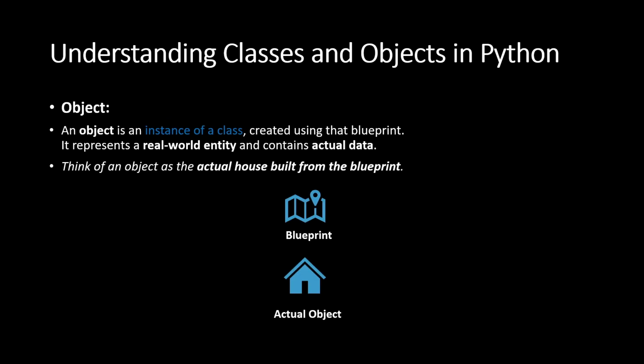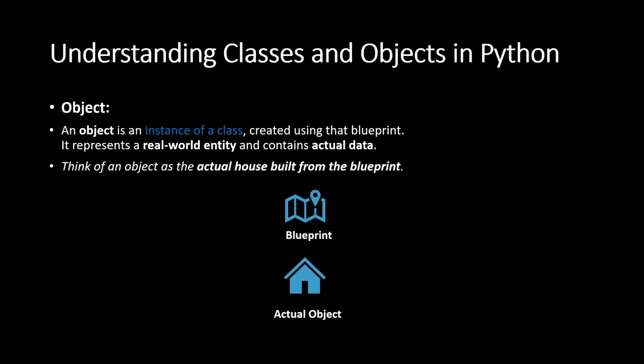So as I define object, an object is an instance of a class created using that blueprint. First we define a class, and based on that class we define an object.